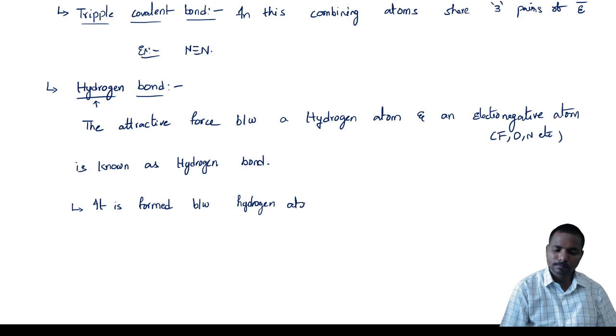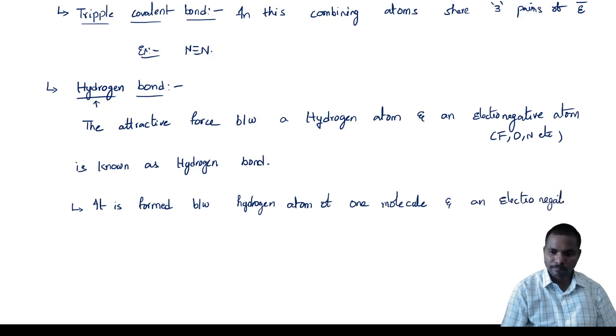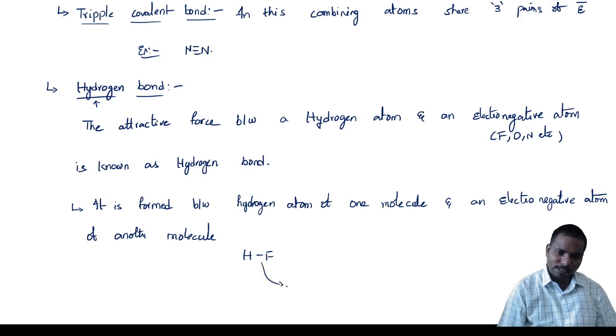It is formed between the hydrogen atom of one molecule and an electronegative atom of another molecule. For example, the bond between hydrogen and fluorine, between two non-metals, is considered a covalent bond.